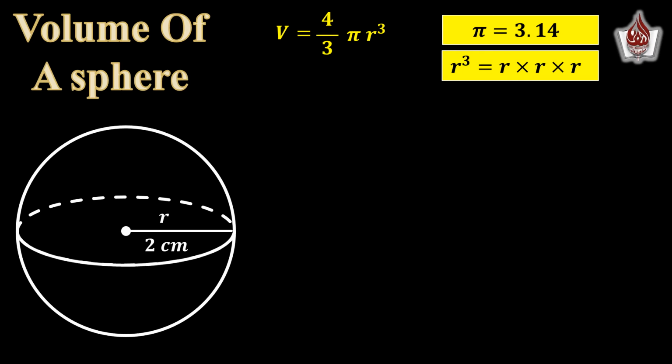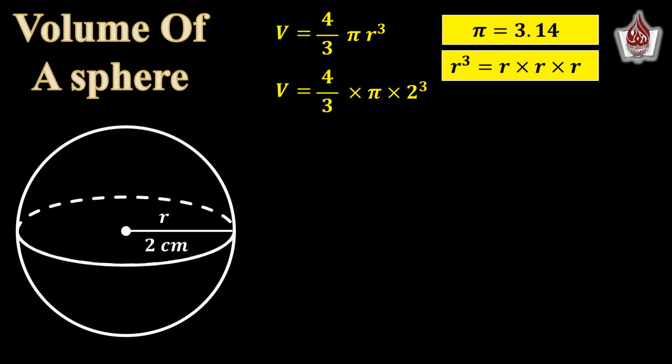Now, in the formula, we are going to put the value 2 instead of r. Here we have volume equals 4/3 times pi times 2 cubed. Now 2 cubed again means 2 times 2 times 2, which is equal to 8.